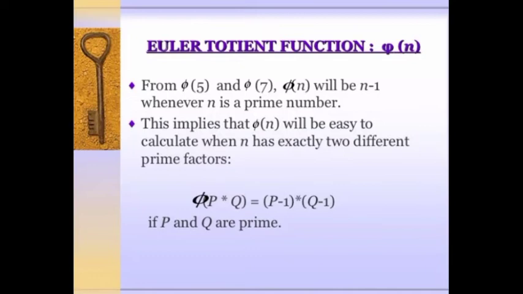This implies phi of n will be easy to calculate when n has exactly two different prime factors. So phi of the quantity p times q is equal to the quantity p minus 1 times the quantity q minus 1, if p and q are prime.